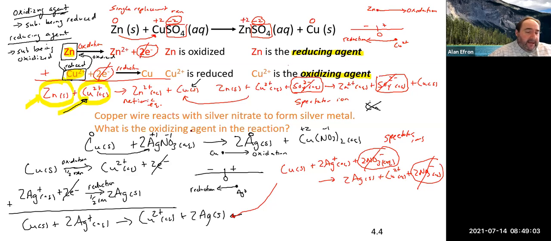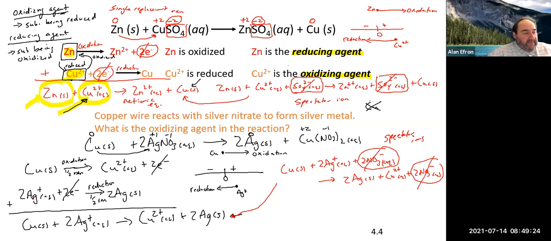So now that we sort of have everything written out and all of our half reactions and everything that's going on here, let's talk about the actual question. And the actual question is, what is the oxidizing agent in this reaction? So remember that the copper here is going through oxidation.